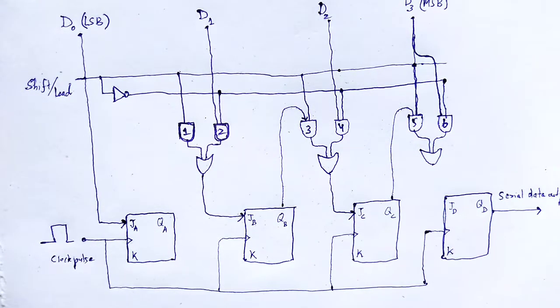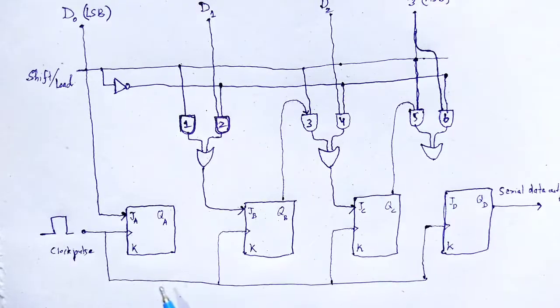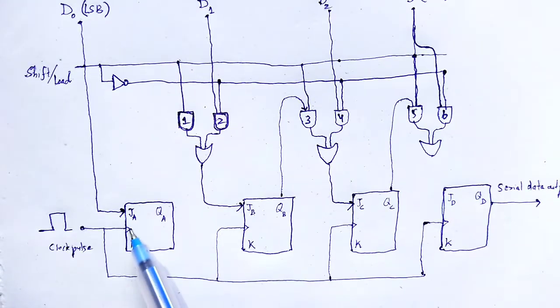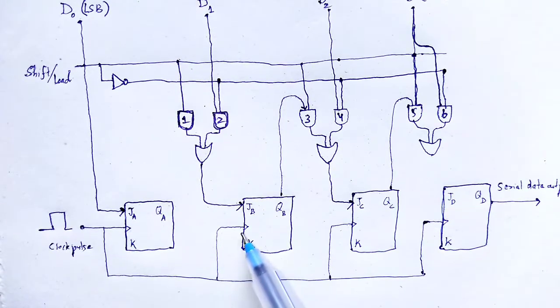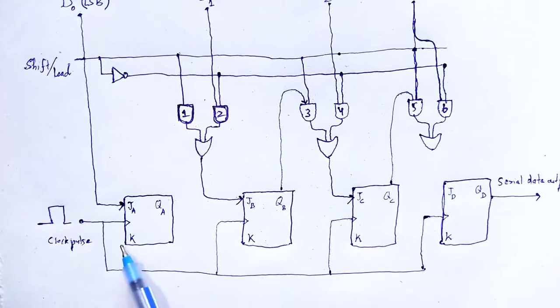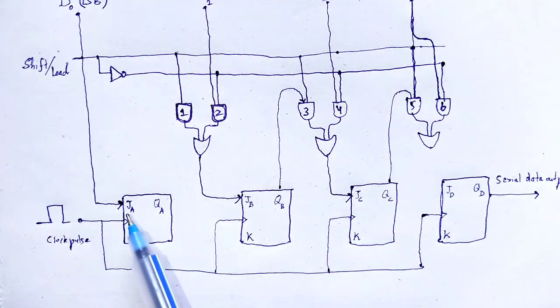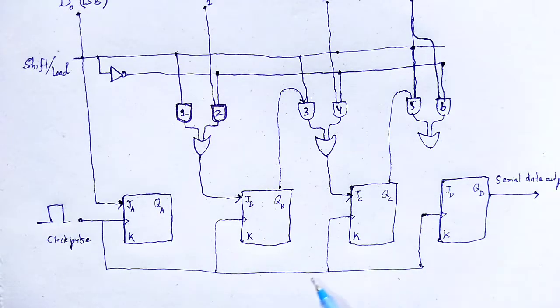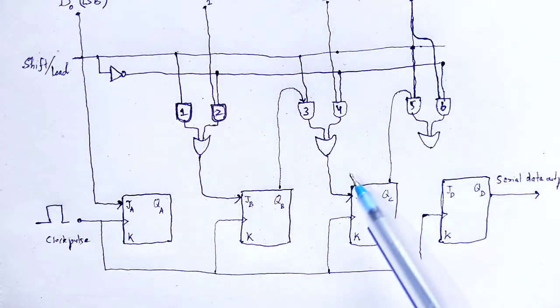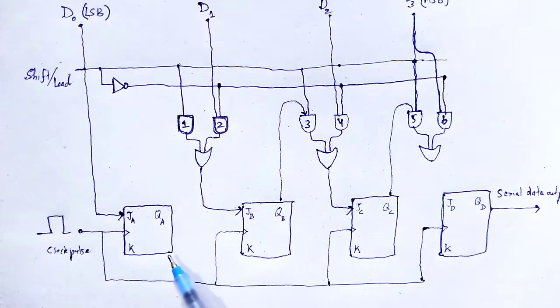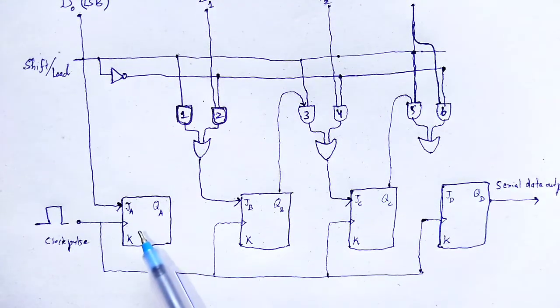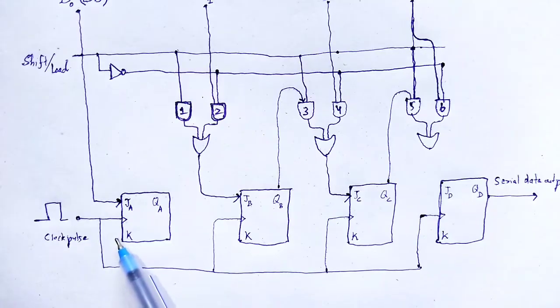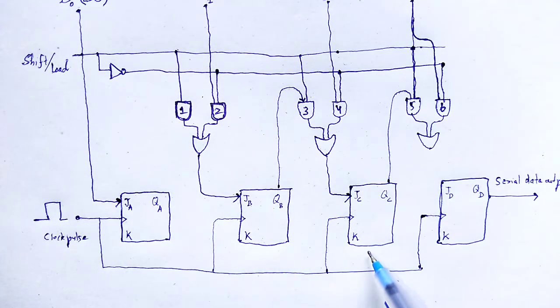For the JK flip flops, here the clock pulse is applied to all of these. Again we have an input towards the K line, but for clarity of the picture we don't draw these inputs to the K lines. Let me explain it.